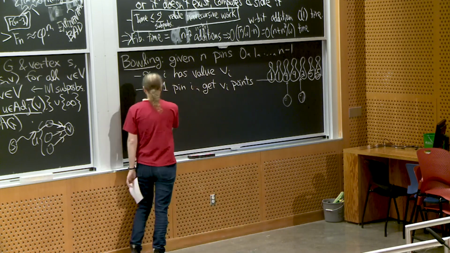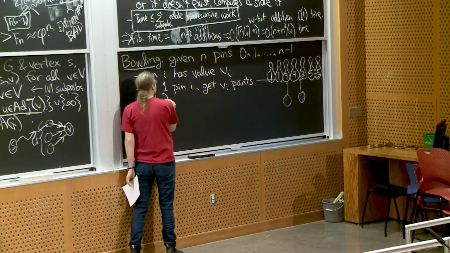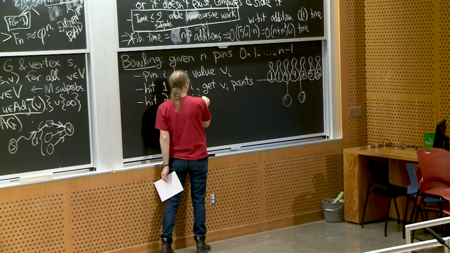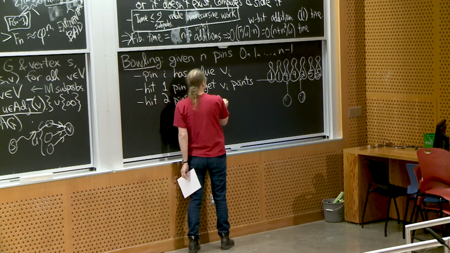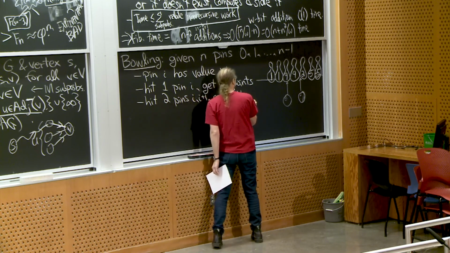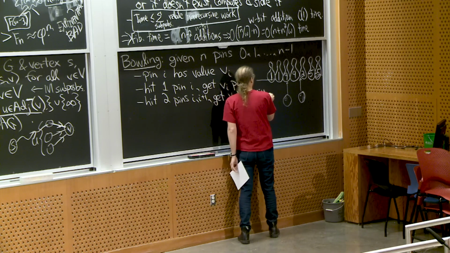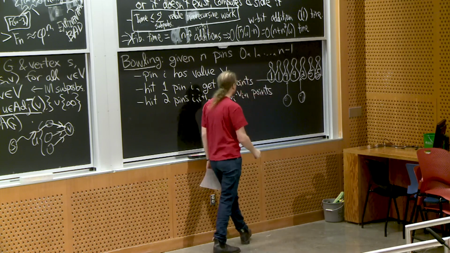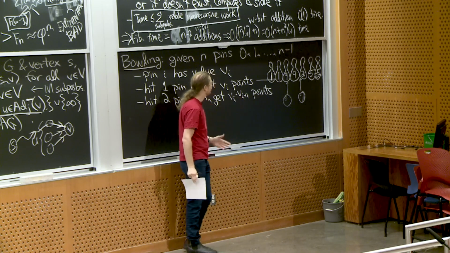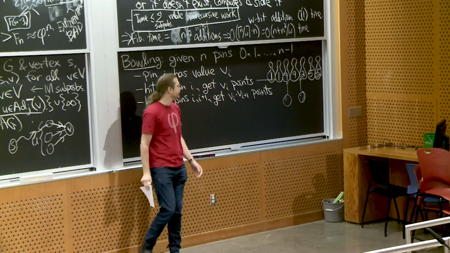To make it interesting, when you hit 2 pins, you get the product. So if I hit 2 pins, it's always i and i plus 1 for some i. You get v_i times v_(i+1) points. This is the game you're playing. And it doesn't really matter that this is a product. Product is just some weird function that's hard to imagine.